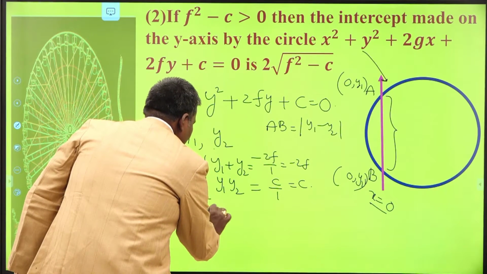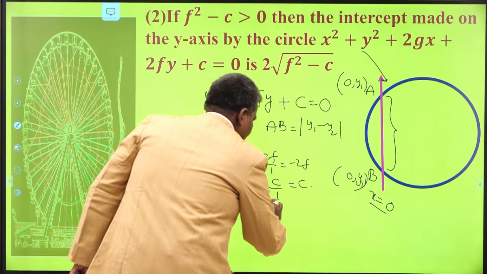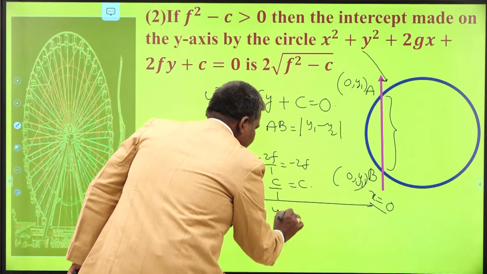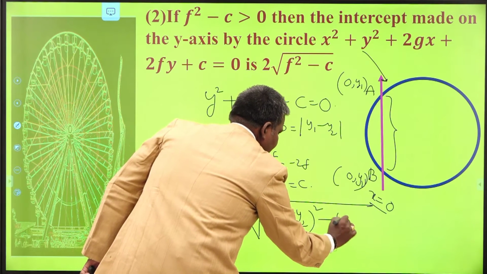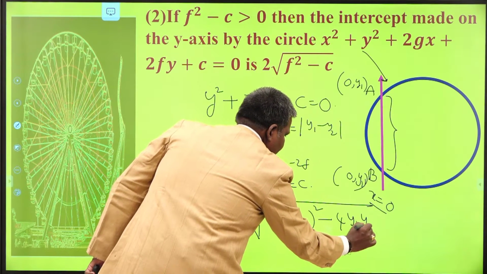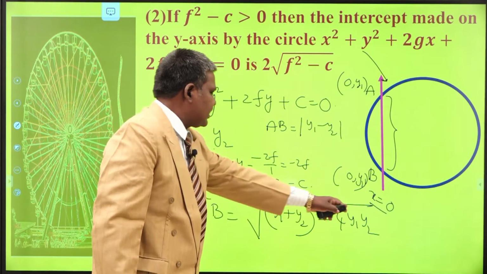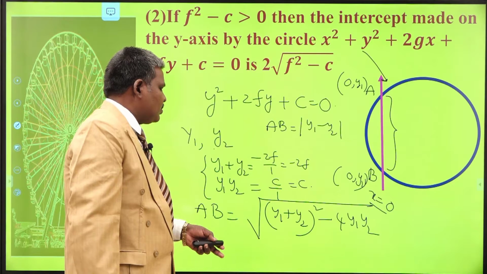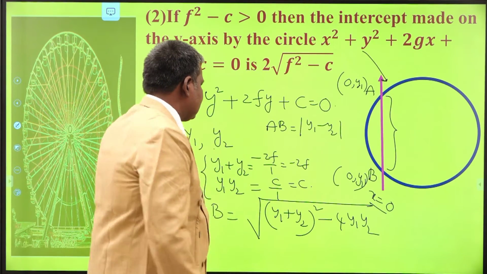So how can you write this AB? AB is nothing but root of y1 plus y2 whole square minus 4 times y1 y2. This is mod y1 minus y2. This can be written in this form because a plus b whole square minus a minus b whole square is 4ab. From that you can write this one.